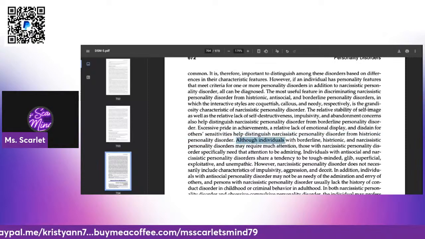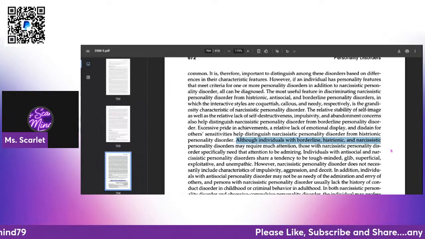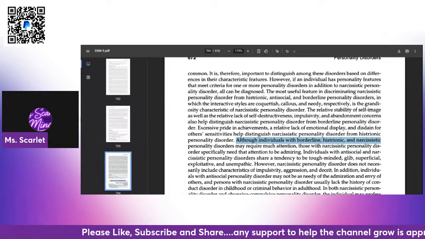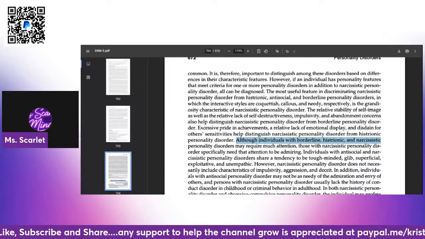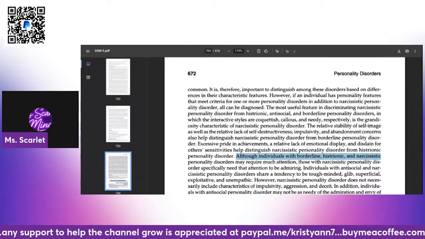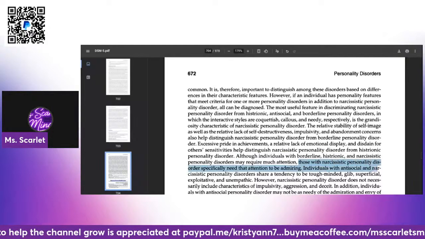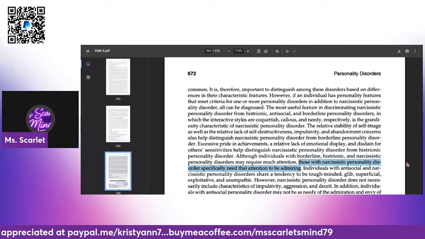Although individuals with borderline, histrionic, and narcissistic personality disorders may require much attention, I'm reading it again, and that's okay, because it's very important and very much about what I've been talking about in certain people. Although individuals with borderline, histrionic, and narcissistic personality disorders may require much attention, those with narcissistic personality disorder specifically need that attention to be admiring.